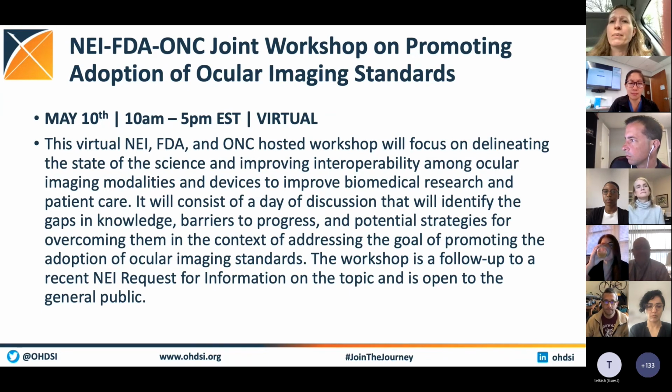It's a day-long workshop where we're going to be talking about improving interoperability in imaging modalities and devices, mostly centered around DICOM, but definitely trailing into other common data elements and healthcare standardization.